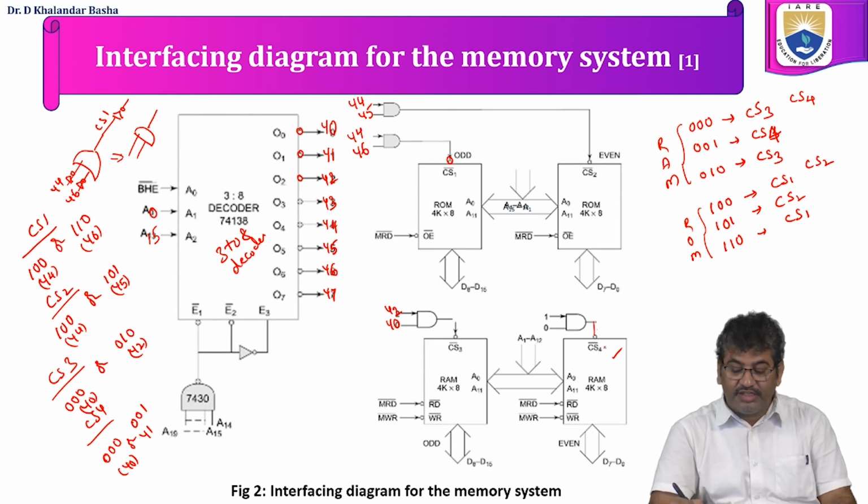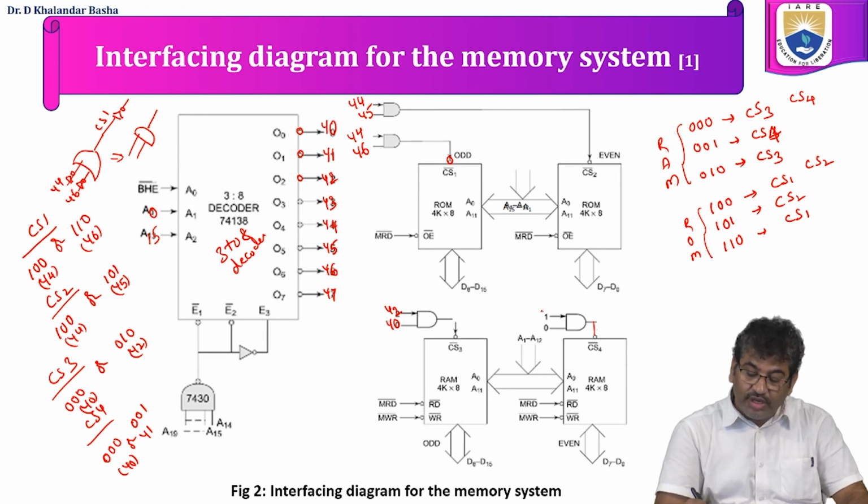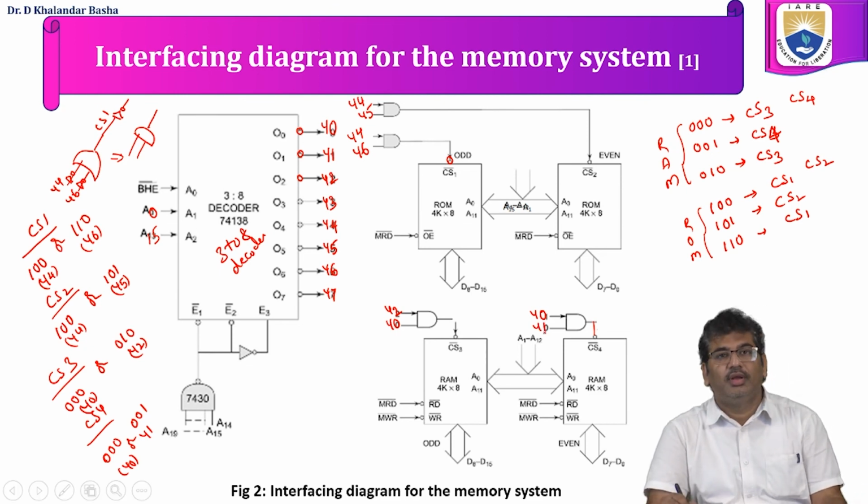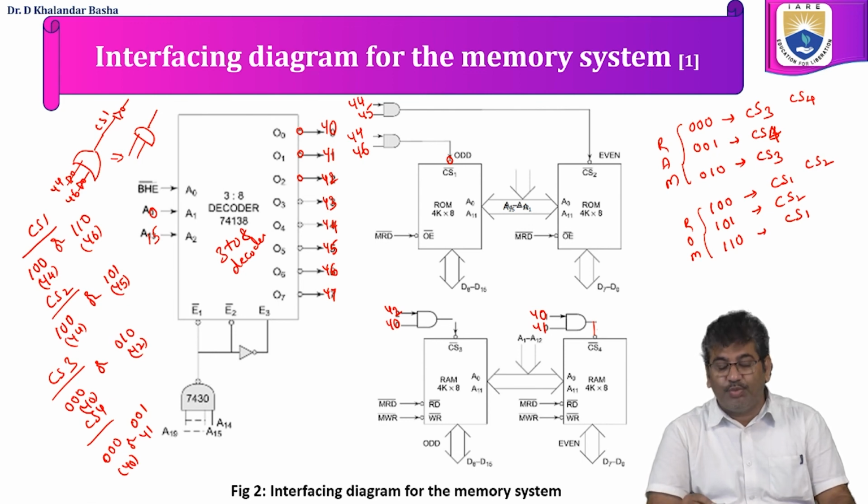For enabling the chip select 4, we are going to give the inputs Y0 and Y1. So this is for enabling the corresponding chips based upon the address which you are passing.